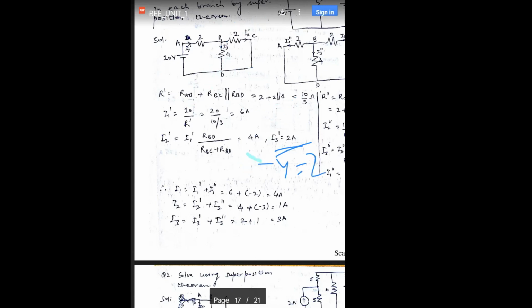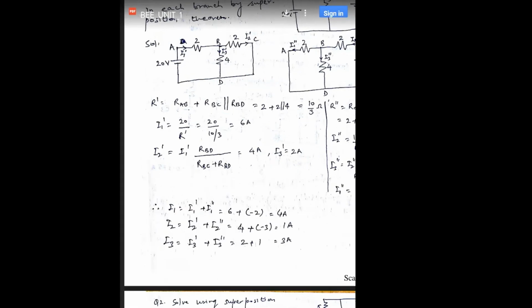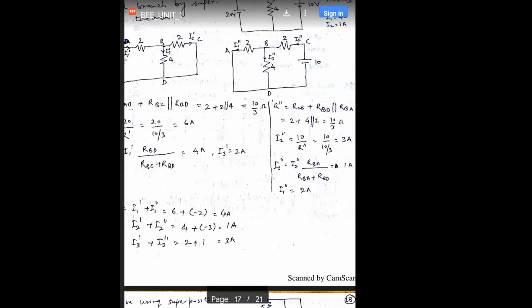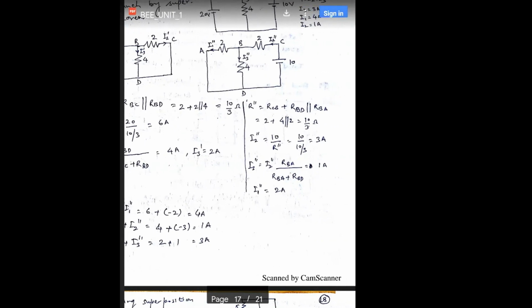So the same strategy will be applied to the other voltage source. Now this other voltage source will be short circuited and the current flow can be determined.